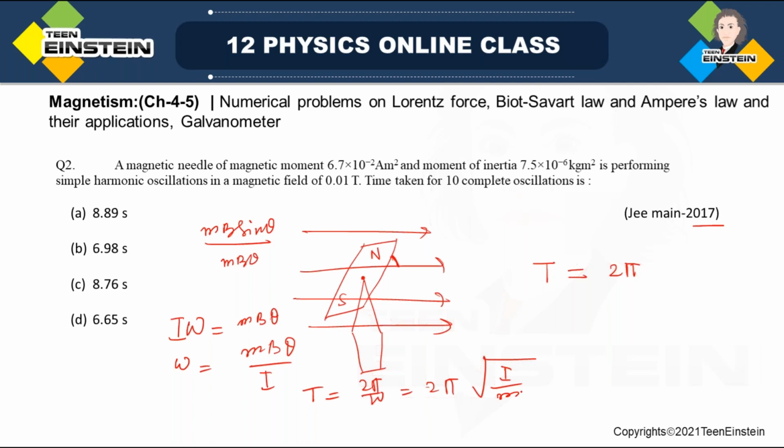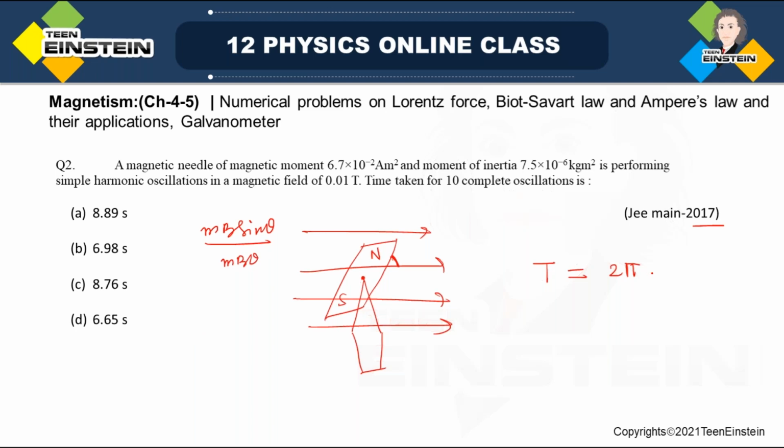So this is the formula: 2 pi into the square root of I by mB.